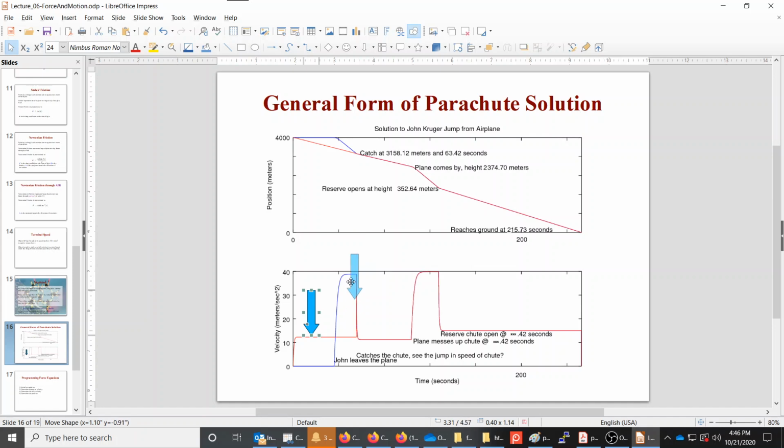So the speed of the parachute increased dramatically so that they're both going at the same speed right here. There's actually a little bit of a bump in speed here, but you'd have to zoom in on it to even try to see it. The other thing is that I'm kind of saying he grabbed it and put it on in the blink of an eye.